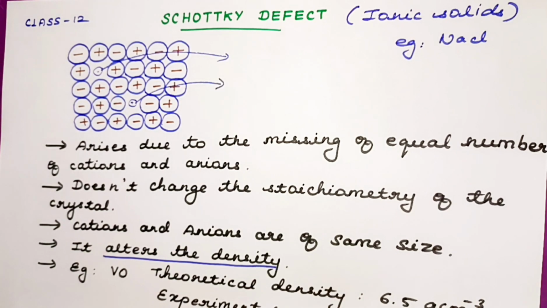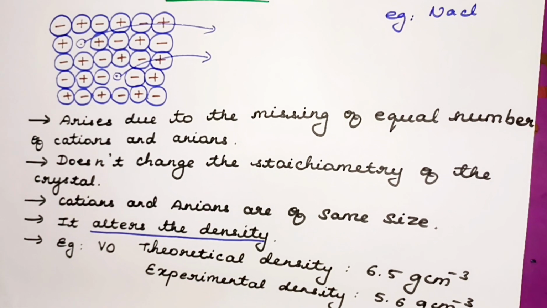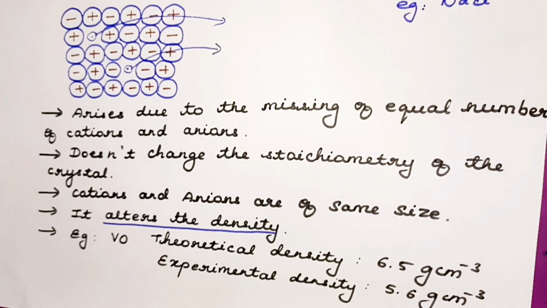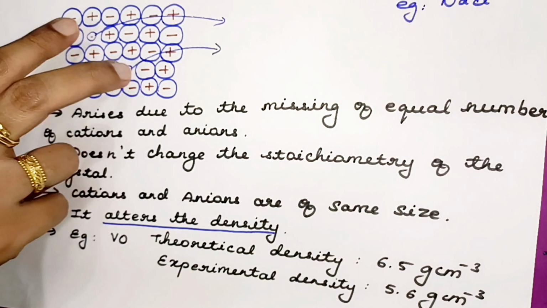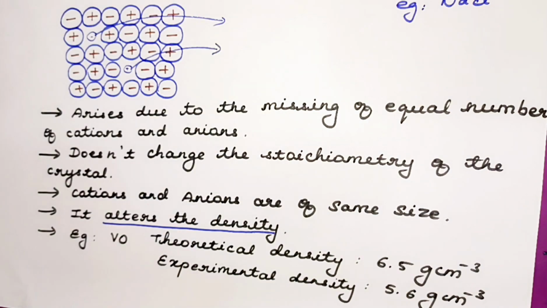For example, if I am losing my fat content in my body, what will happen? I will become somewhat lean. In the same way, if the crystal is missing one positive and one negative ion, it will alter the density of the crystal. Okay, these two points, is that clear?